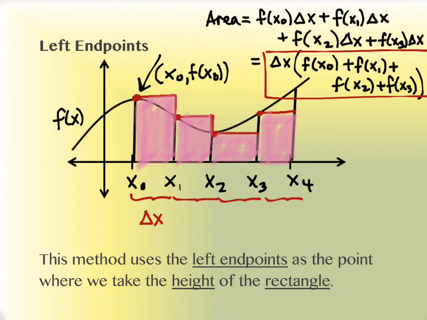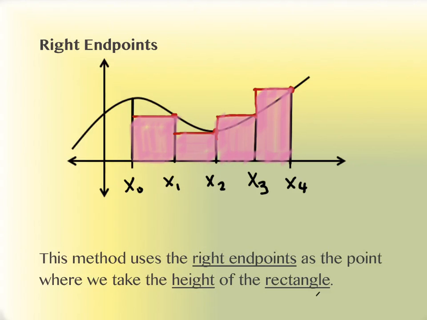Let's use this same idea and come up with a formula quite similar for right endpoints. What would be different on this formula? They all still have delta x's, right? What's going to be different? You're going to use x4 instead of x0, right? So we're sort of just shifting what y values we're using, correct?